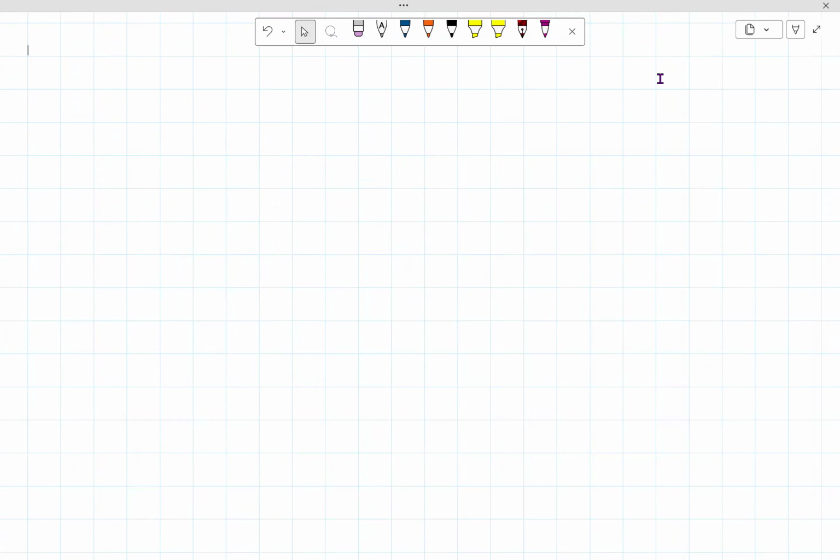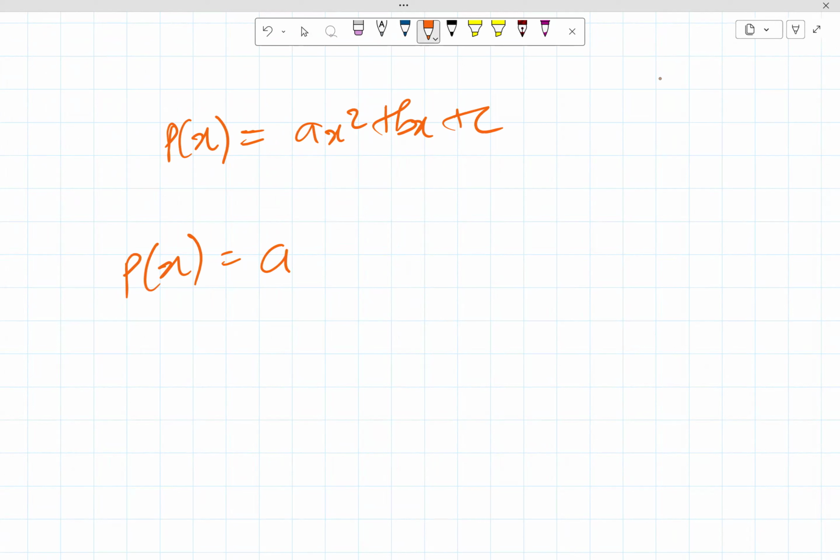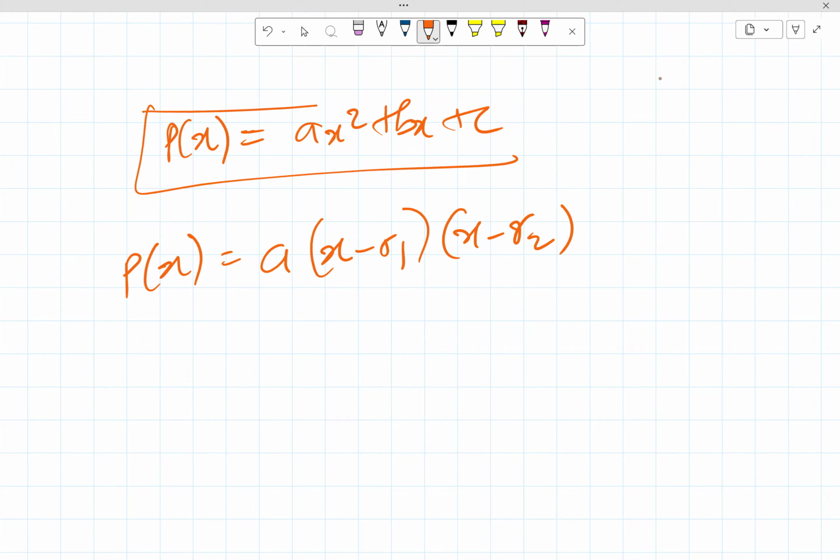What this is telling us is that if you have a quadratic polynomial ax squared plus bx plus c, we're simply saying that p of x can be written as a into the product of, there are two roots here, x minus r1 into x minus r2. I think we dealt with that already.